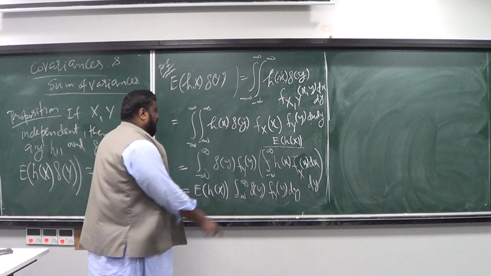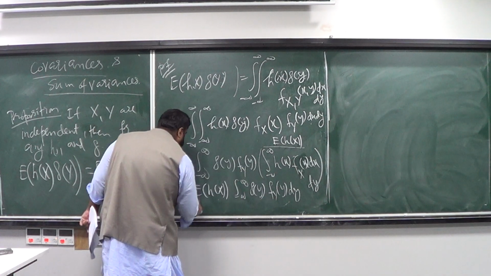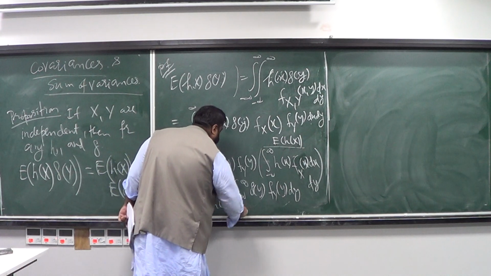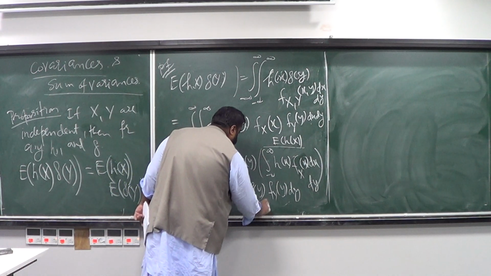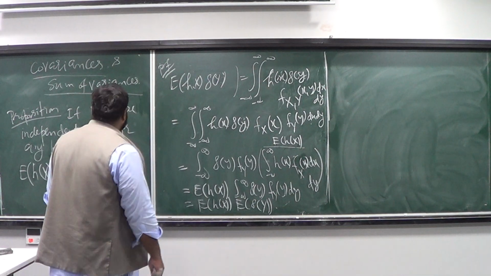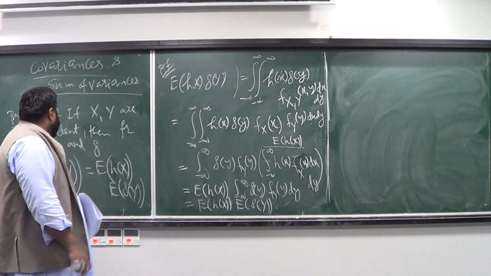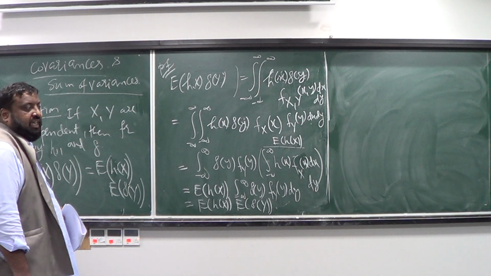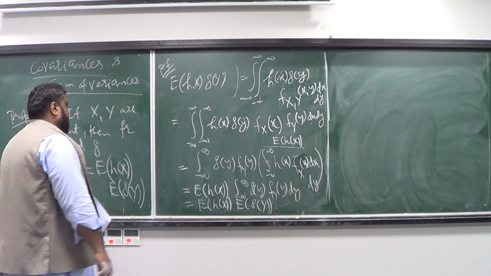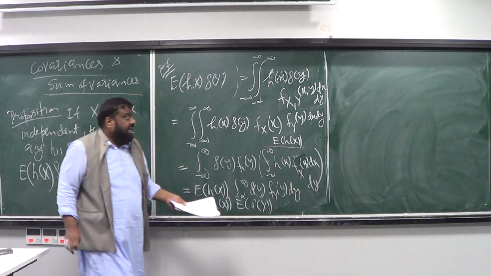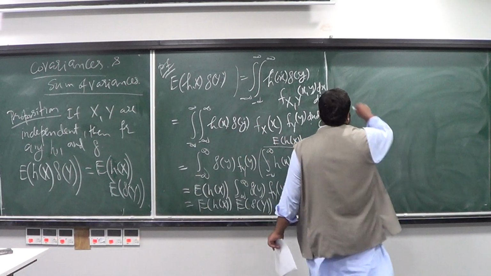Now, what is this quantity? You can call this the expectation of g of the random variable Y. So what does this show? If X and Y are independent of each other, then any functions of X and Y are also independent of each other.